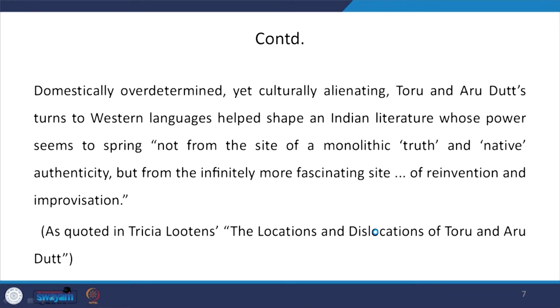I would rather italicize the words Indian literature, even though she was away. The themes that were going on in her mind were nonetheless Indian, whose power seems to spring not from the side of a monolithic truth and native authenticity, but from the infinitely more fascinating side of reinvention and improvisation.